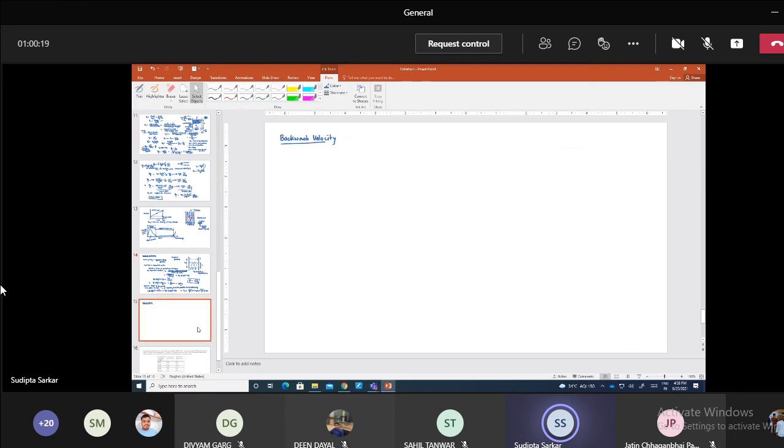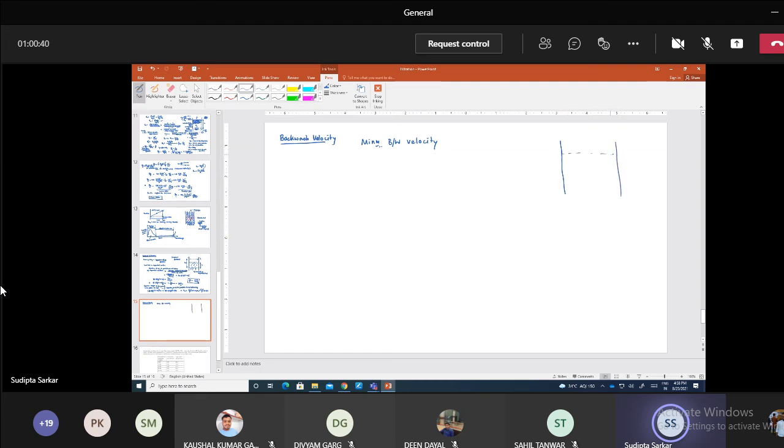Okay. So if we think about backwashing, we try to find the minimum backwash velocity that will be required for the bed to be just on the verge of fluidization. This bed is not yet fluidized, but it is just on the verge of fluidization.